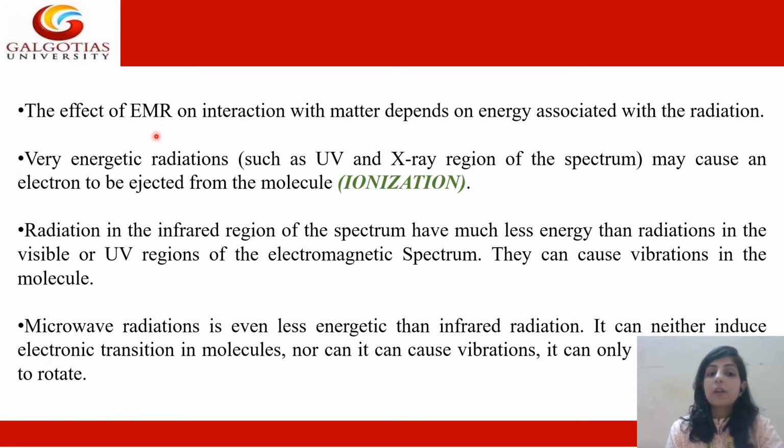So, the effect of electromagnetic radiation on interaction with matter depends upon the energy associated with the radiation. As we have discussed, each and every electromagnetic radiation has a certain amount of energy, and if we want to calculate that amount of energy, we can use the formula E = hν, where ν represents the frequency, and frequency is equal to c upon λ, where c is the speed of light and λ is the wavelength.